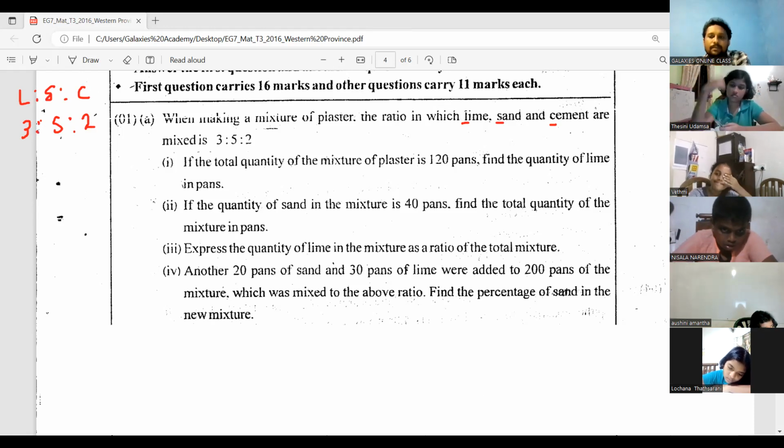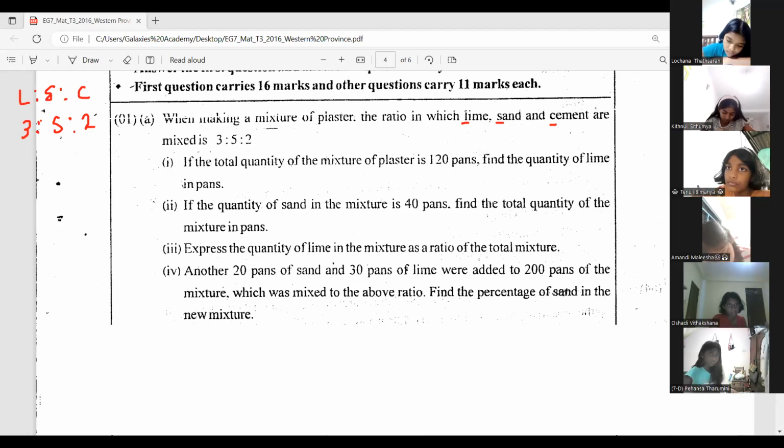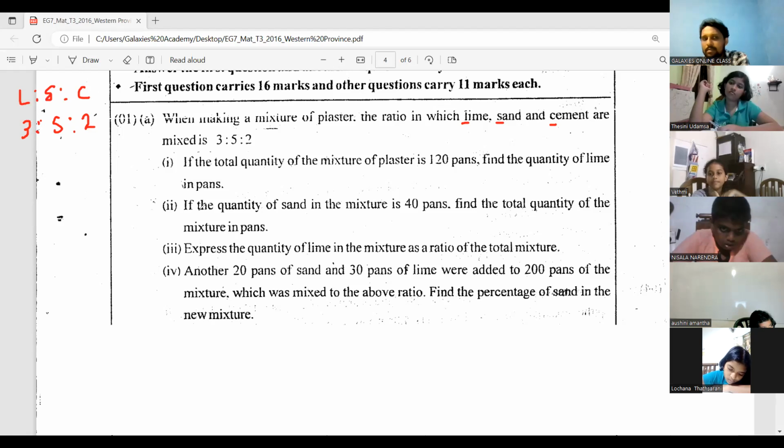Right? Now you revise the ratio lesson. Can you tell me how many total parts there are? The lime, there are 3 parts of the mixture. Sand, there are 5 parts. And cement, there are 2 parts of the mixture. Then what is the total parts? 3 plus 5, 8, 8 plus 2, 10.